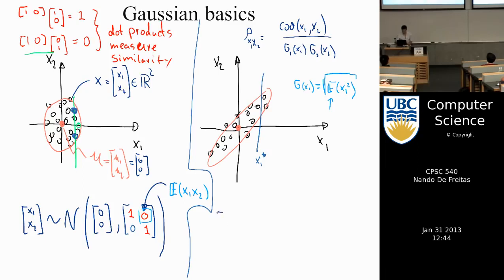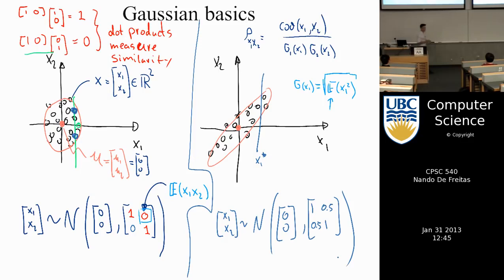If I do my Gaussian for this right-hand side, let's assume that I still have 1, but over here I'm not going to have 0. I'm going to have some positive number.